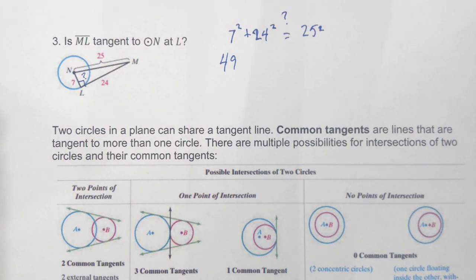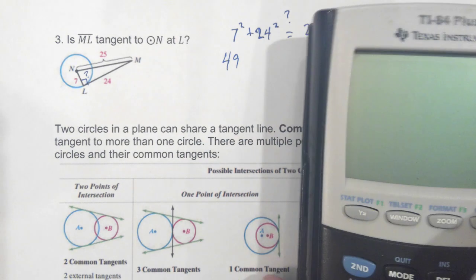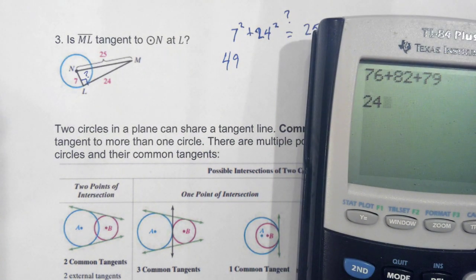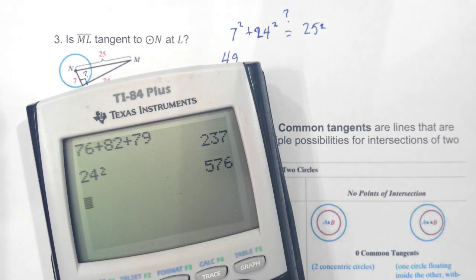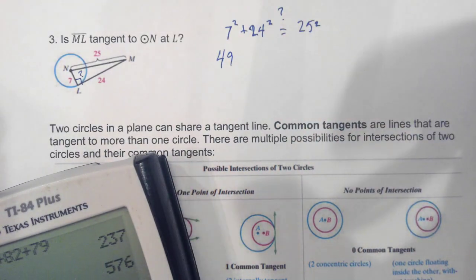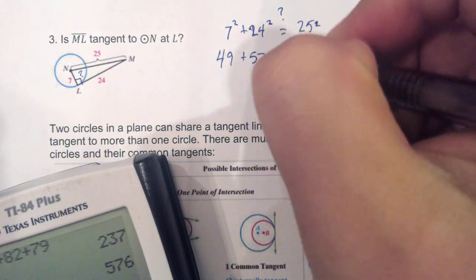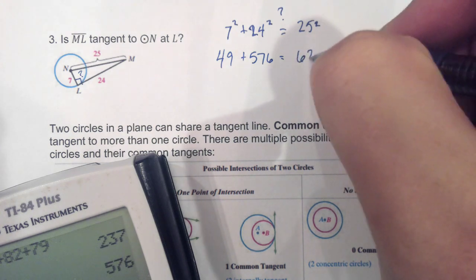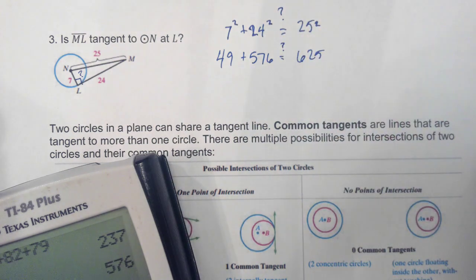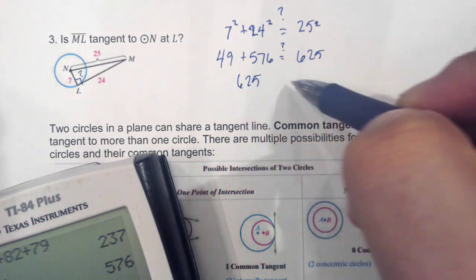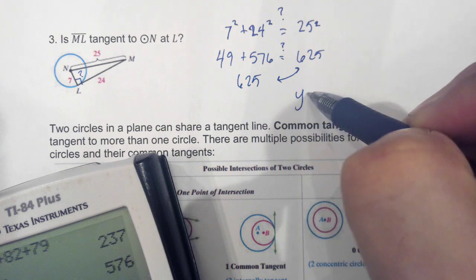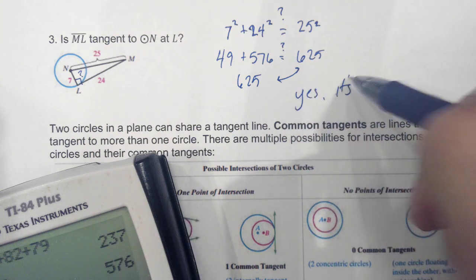I'm going to get my calculator. 24 squared is 576. And 25 squared is 625. I do know that one. And then 49 plus 576 is 625. So since these two match, yes, it would be tangent.